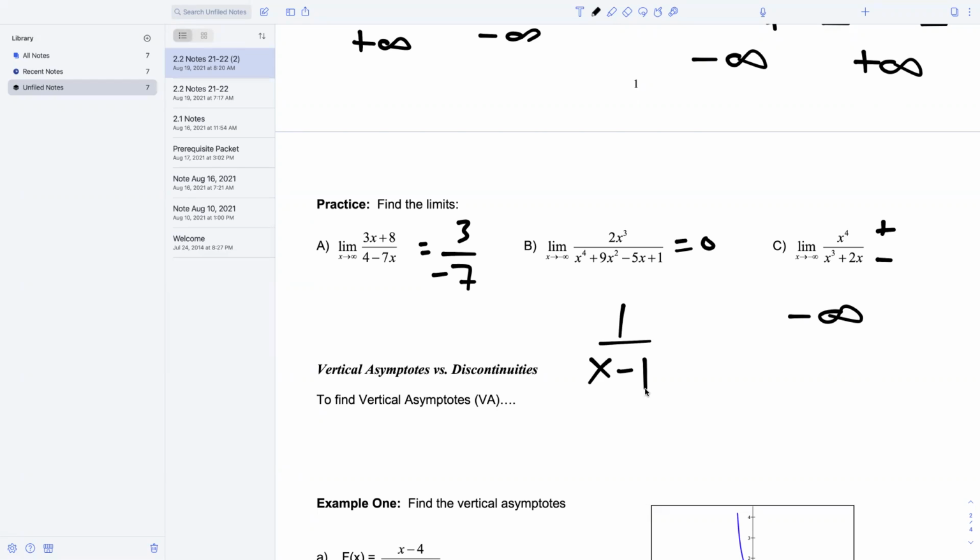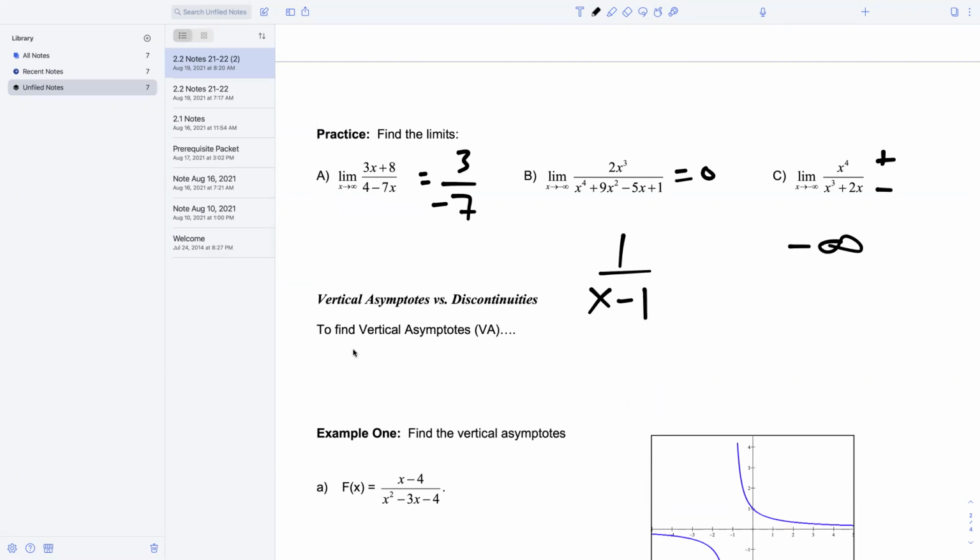How did I get that? Do I just know? Well, what happens if I plug in 1 for x? My denominator is 0, and therefore it is undefined. Therefore, I have to have a vertical asymptote at x is equal to 1.